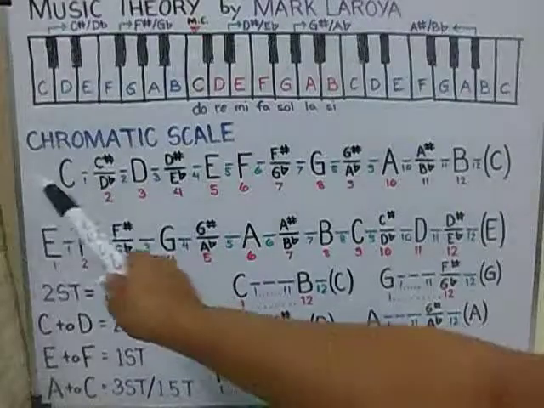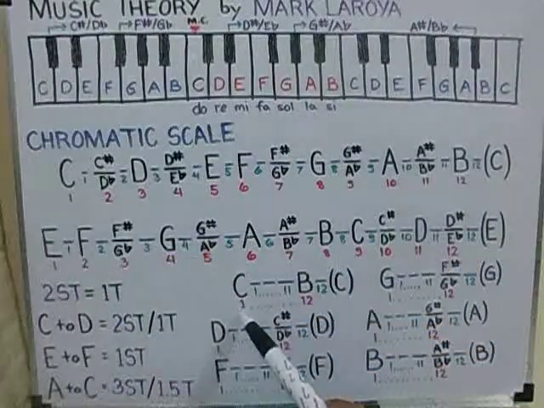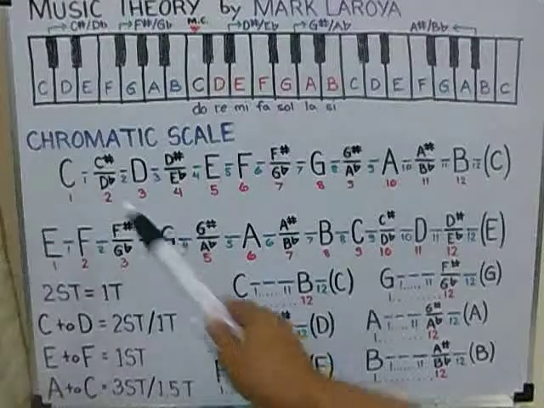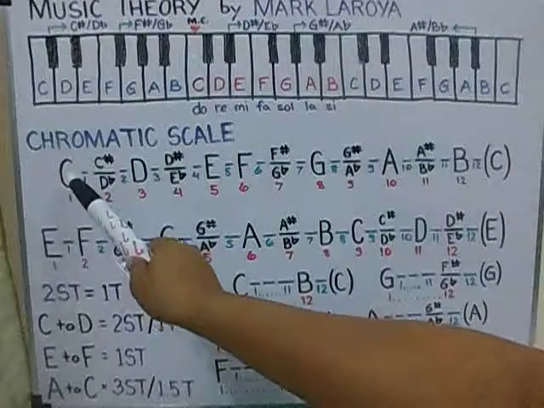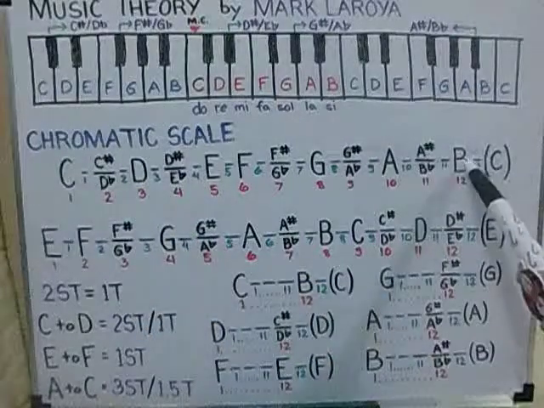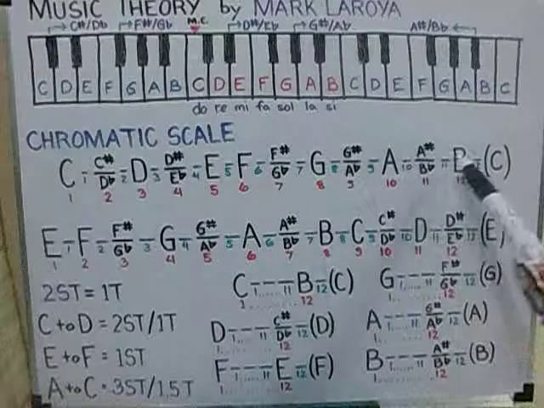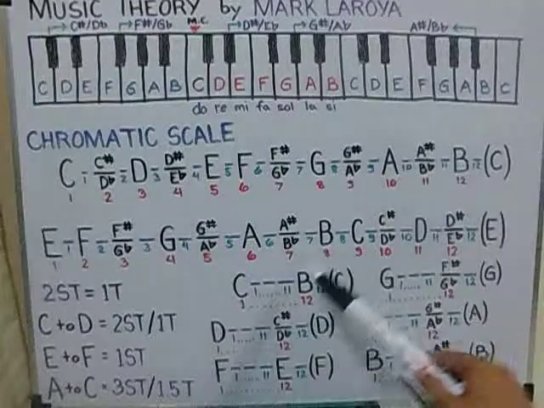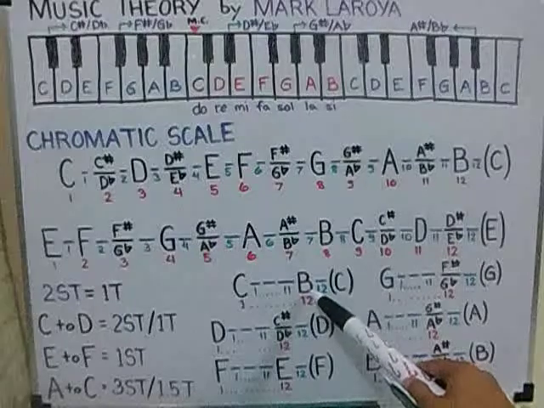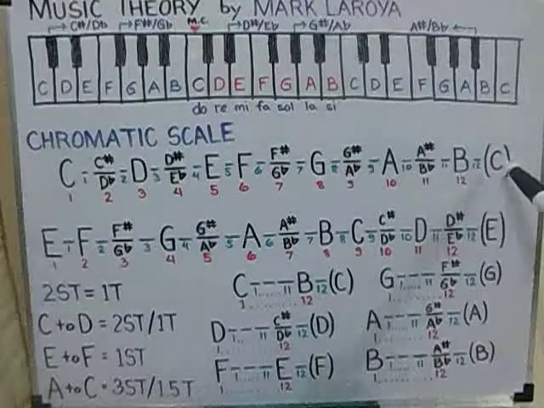For example, for this C, make sure that note number 1 is C and note number 12 is just a flat of this. So the flat of C is actually B. So this is your note 12, and before you reach note 12, you already have 11 semitones, and then next to note 12, another semitone, you go back to C.